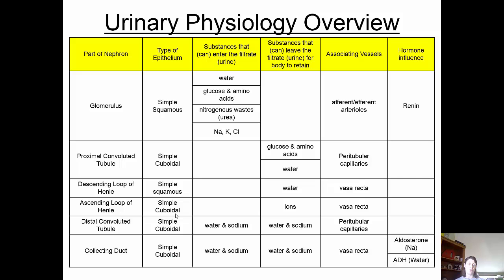So 4 out of 6 are simple cuboidal, and the other 2 are simple squamous. If you remember squamous and cuboidal, which ones are squamous? Glomerulus and the descending loop of Henle. Then the rest of them have to be simple cuboidal. You figure out how you're going to memorize that one.